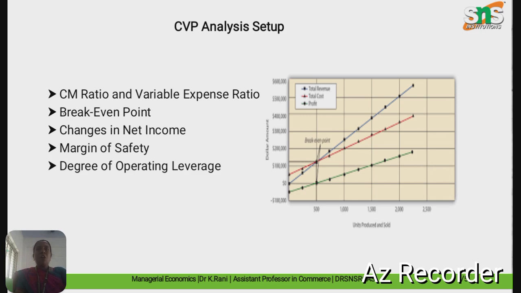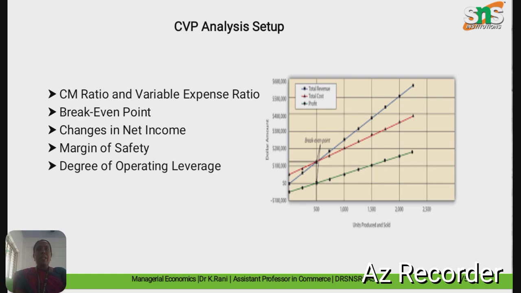Third one, change in net income. It is quite common for companies to want to estimate how their net income will change with change in sales behavior. For example, companies can set a sales performance target or a net income target to determine their effect on each other. In this example, if management wants to earn a profit of at least 1 lakh, how many units must the company sell?